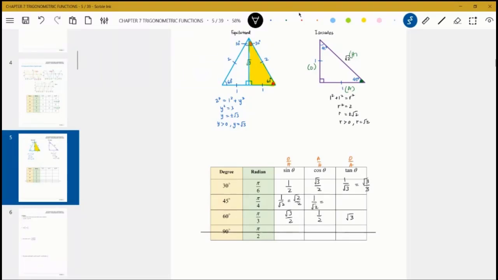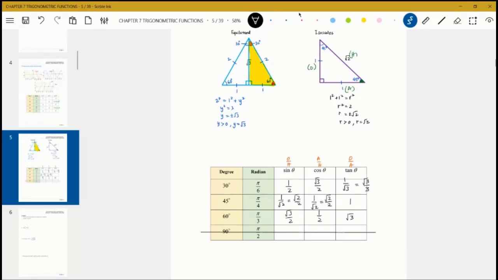So likewise, it will convert to square root 2 over 2. Okay, and then tangent 45. What is tangent 45? Tangent 45 we get 1, which is 1 over 1, we're going to have 1. Okay, so we are done filling in all the table.